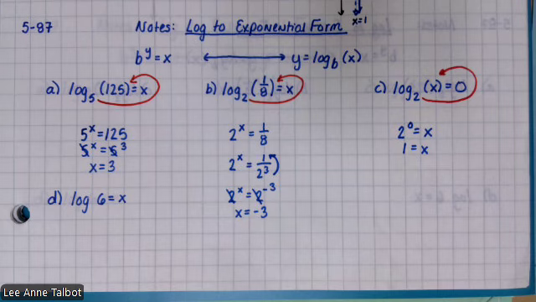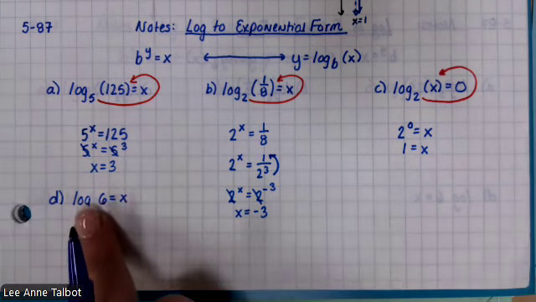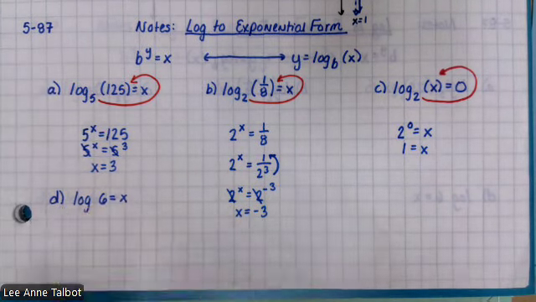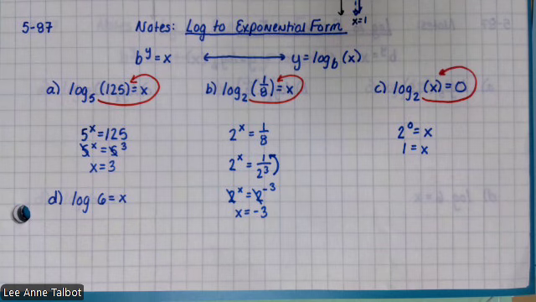Okay, what am I getting at here? We have some logs where the base is missing. And that's because those are the most common. So just like plain old x is x to the 1, but we don't really write the 1, or 1x is just plain x, so we don't really write the 1. There's a base of a log that is normal, and that is base 10.